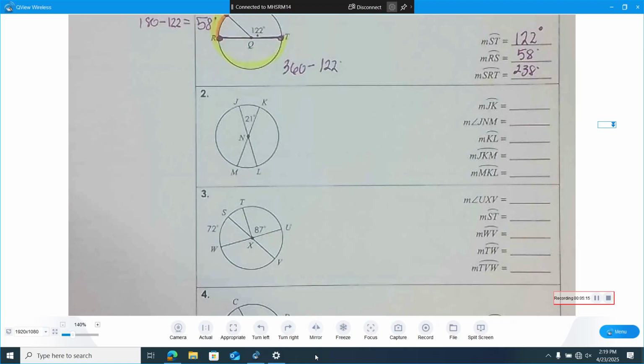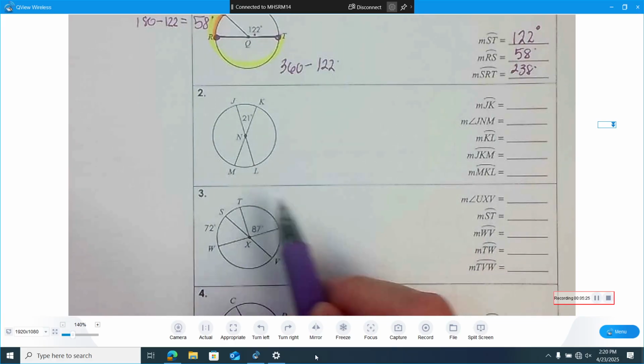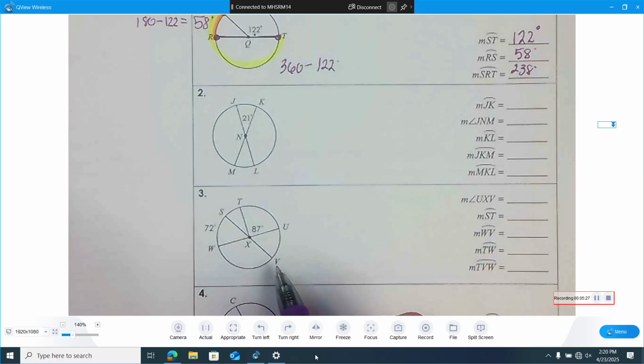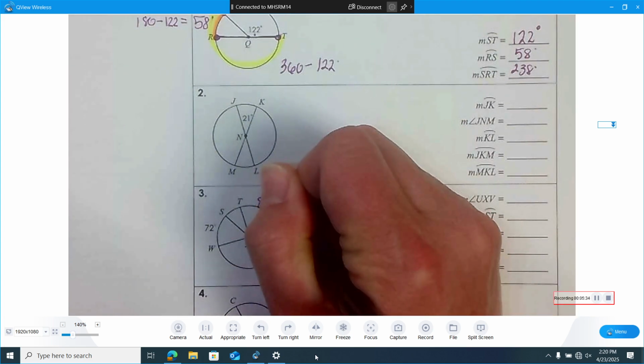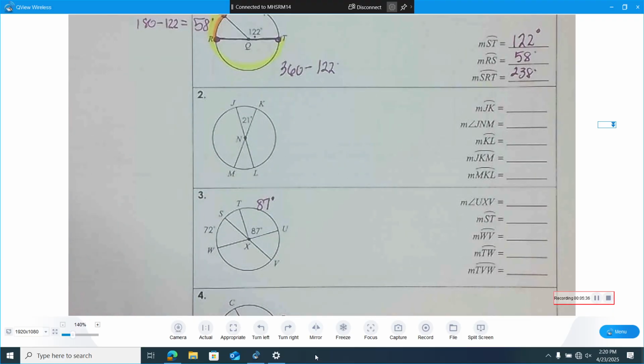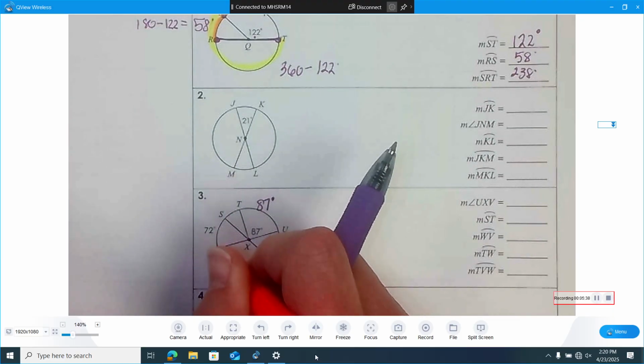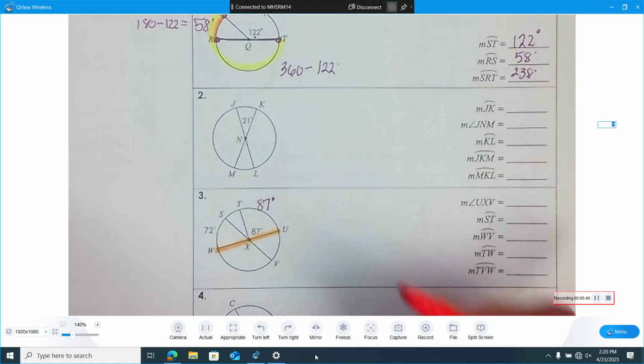All right, let's look at number 3. Again, I'm just going to try and complete the circle. What's the measure of arc TU? 87, good. And again, it's a good idea to identify diameters. So there's a good diameter there.